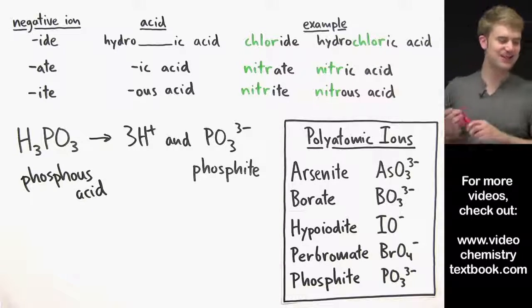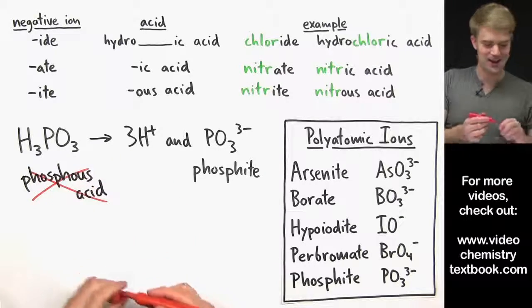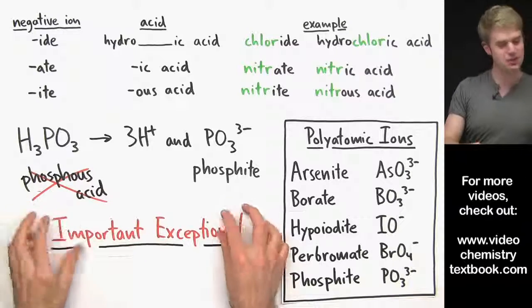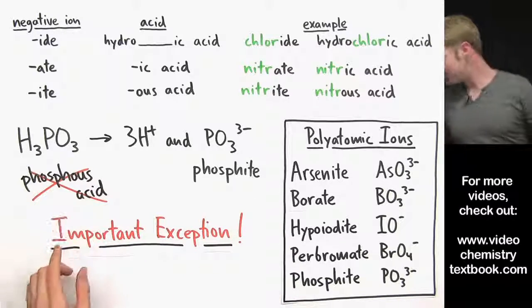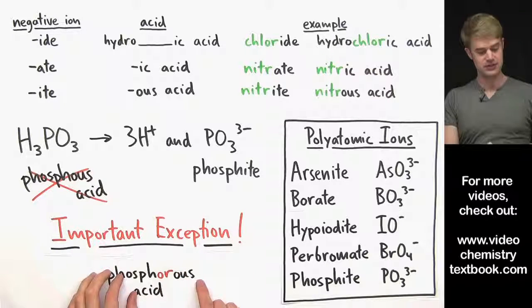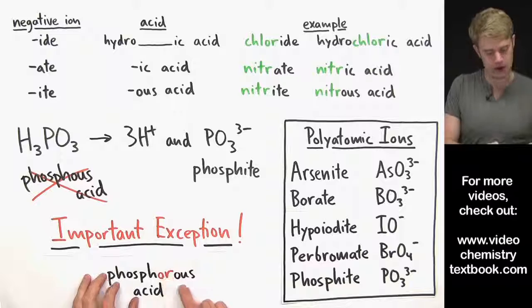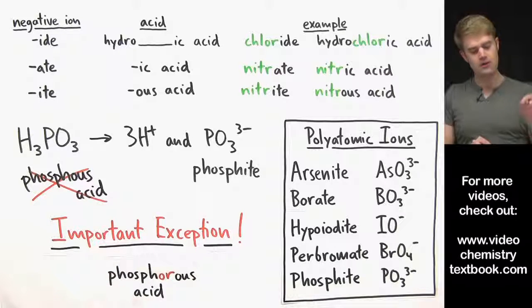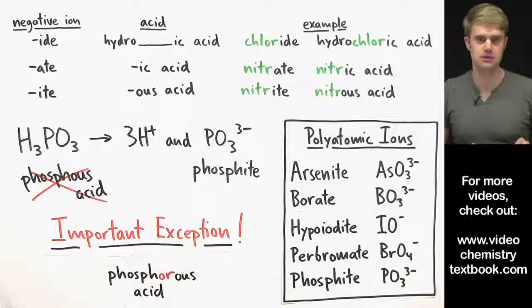But unfortunately, this is wrong because phosphorus is an important exception here. The name for this acid is actually phosphorous acid. We have to add this little OR here in between the name and the OUS. So this is called phosphorous acid.